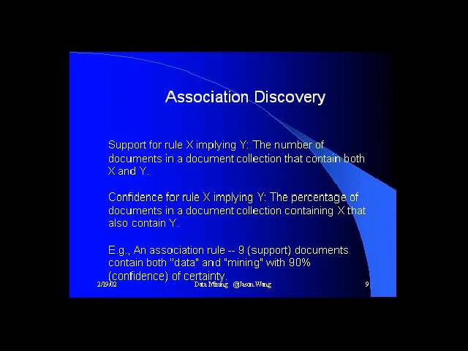Here, we define the support for the rule X implying Y to be the number of documents in this collection that contain both X and Y, where X is a set of keywords and Y is another set of keywords. Just like in your transactional database association, X is an item set and Y is another item set. For example, X is bread, Y is butter; X is soda, Y is wine, and so on. That's what you have in your homework 1.